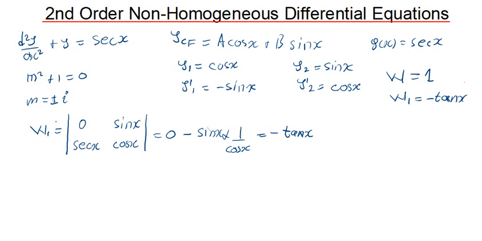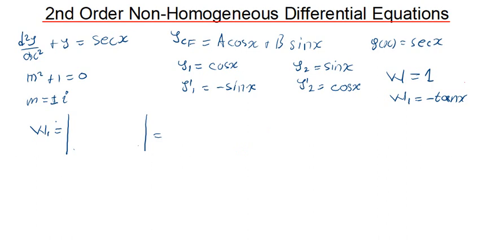Let's go ahead and determine what our W2 is. I'll use this same part. So for W2, here we're going to have cos x, which is our y1, then our y prime of 1, which is minus sine x. Then here I put 0, and here I put my g of x, which is sec x.